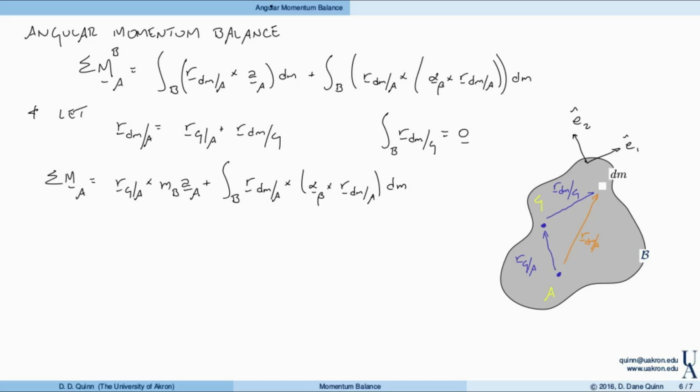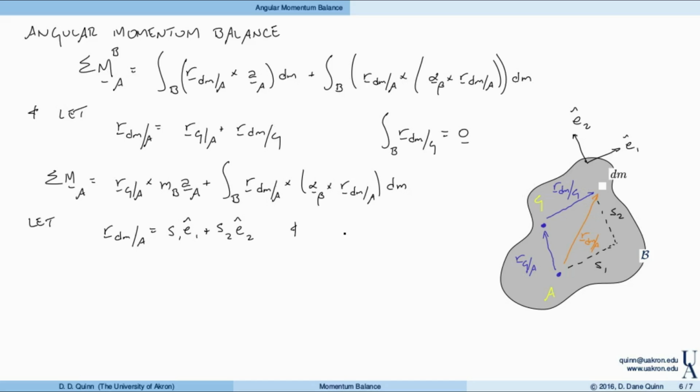So we can describe the position of dm with respect to A in terms of these directions. We'll let S1 and S2 be the components. So the position of dm with respect to A can be written as S1 in the E1 direction and S2 in the E2 direction, where S1 and S2 are obviously fixed.